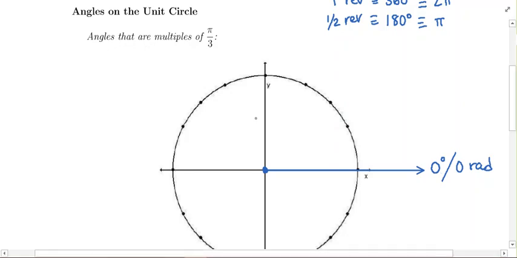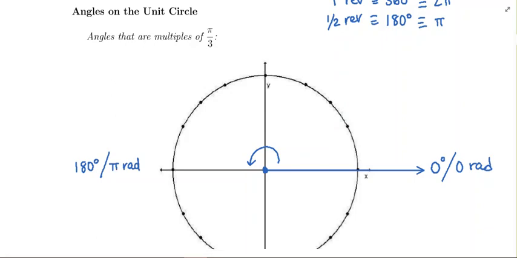If we take this starting side and rotate half a revolution, that brings us to 180 degrees, which is the same thing as pi radians. I'm going to put that on here. If you rotate half a circle, that would bring you here.